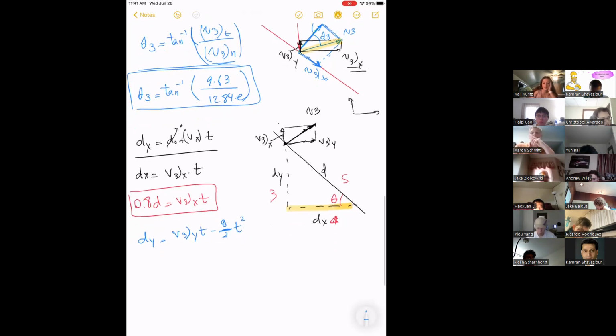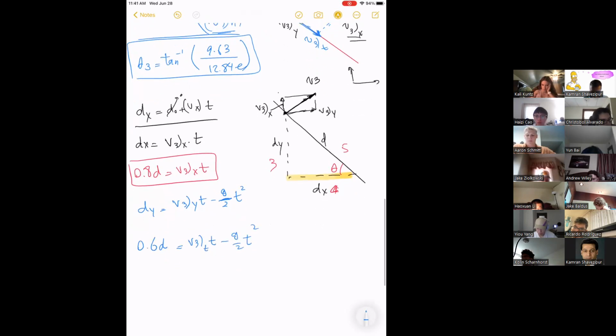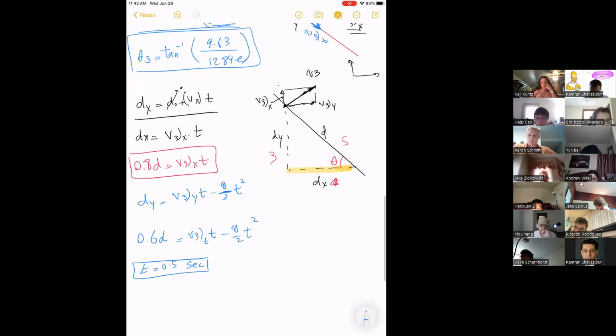And if I substitute that, dy is going to be 0.6d, and that is equal to v3y t minus g by 2 t squared. Remember, t is given. t is 0.5 second. So I'm going to substitute the value of t here in both equations.